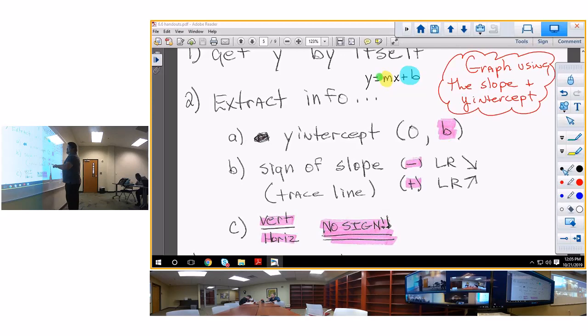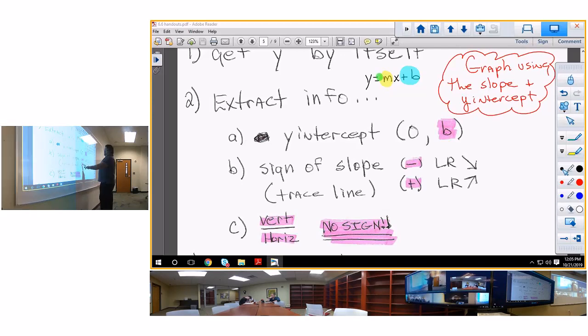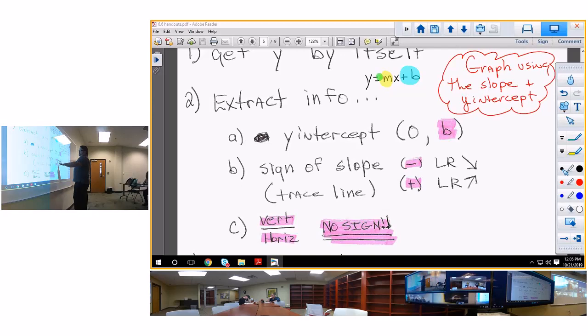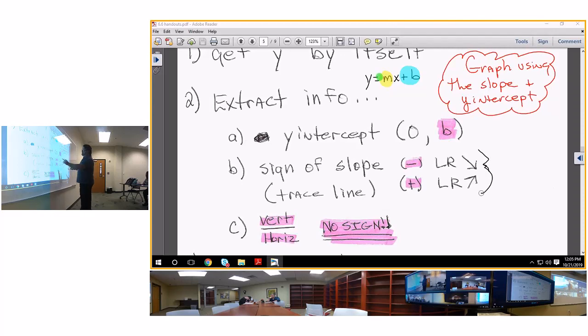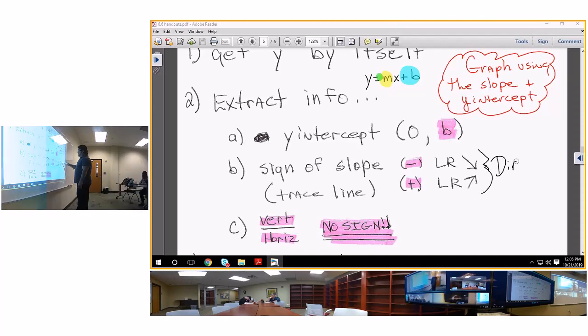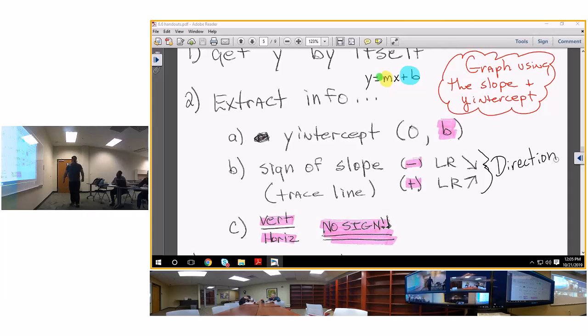The sign of this slope is either going to be positive, meaning left to right up, or negative, meaning left to right down. In science and in math, and in real life, the positive and negative tells you nothing but what? Direction. Every time you see a negative in real life, there's going to be a word that says direction. What is that, you grammar people?